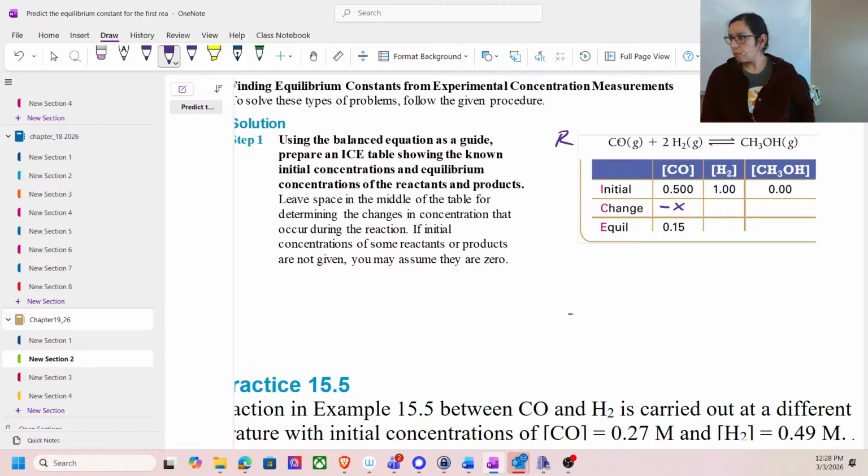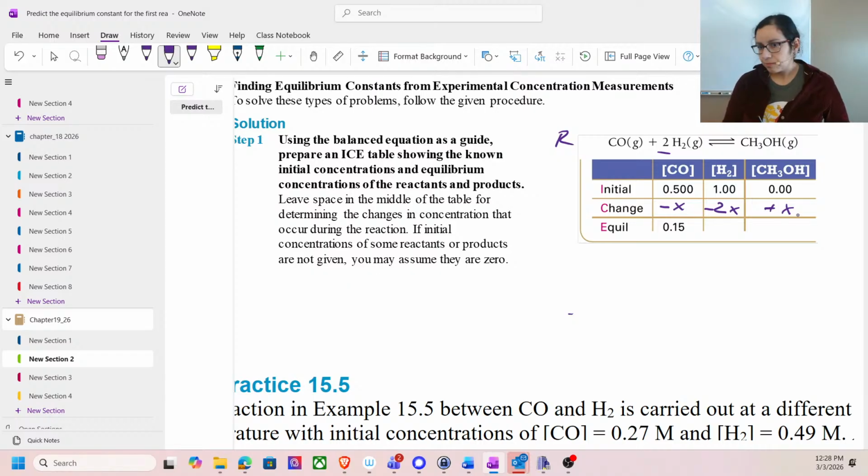But right now we're consuming all our reactants, they're making products. And then our H2, since it's two equivalents, it's going to be minus 2x. And then for our product, it's just one equivalent, so the change is going to be plus x.